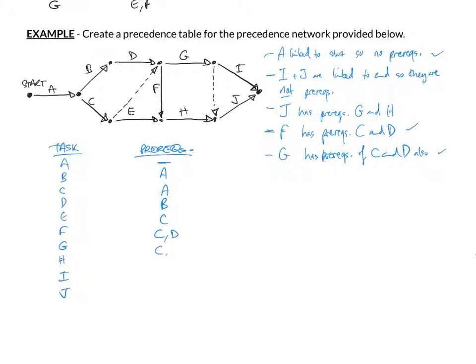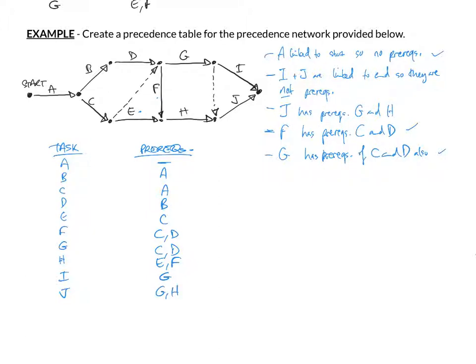So G, C, and D. H requires both E and F to proceed with no dummy links, so E, F. I requires G to have happened. There's no dummy link to I. And then J requires H and a dummy link from G, so G and H.